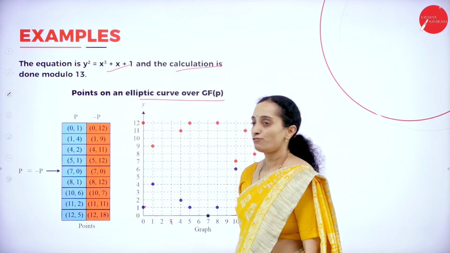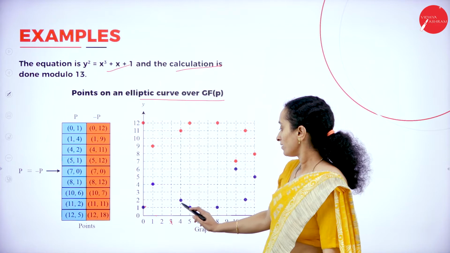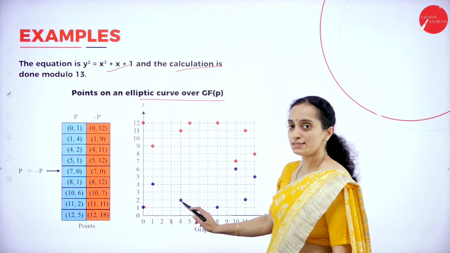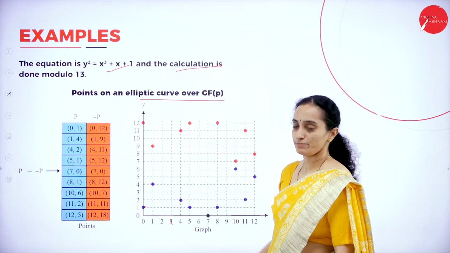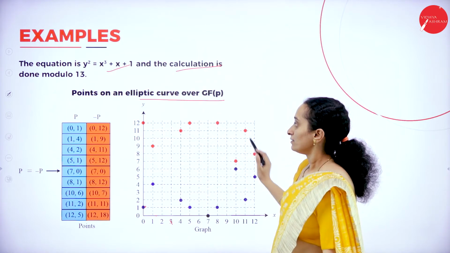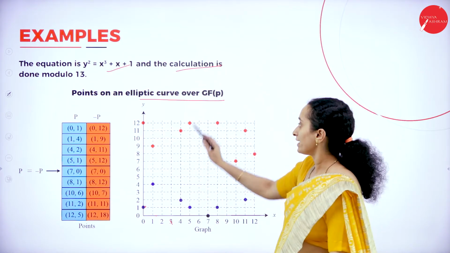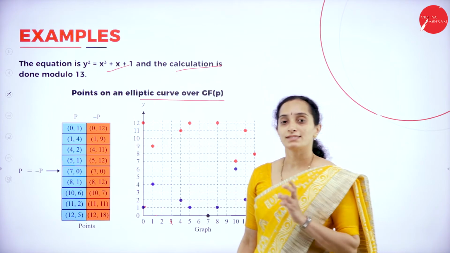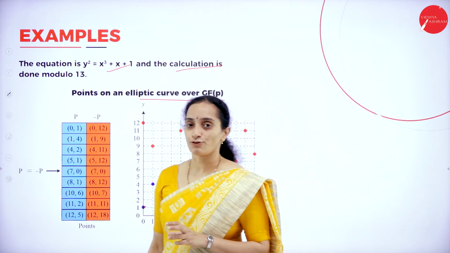Then we have (4, 2), whose additive inverse is (4, 11). Like this, these are the points on an elliptic curve over the finite set of primes.